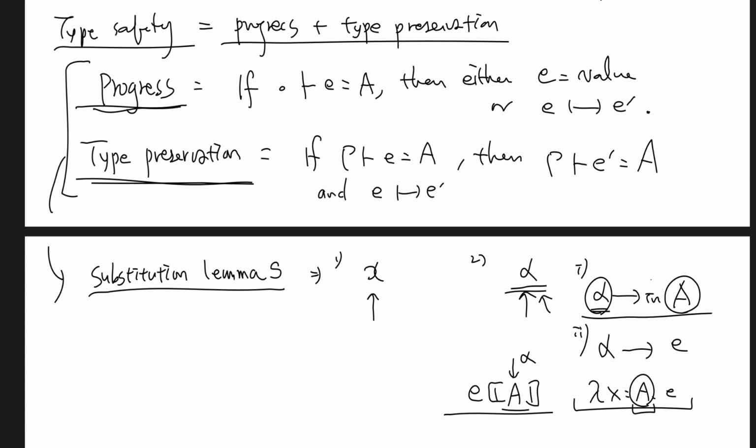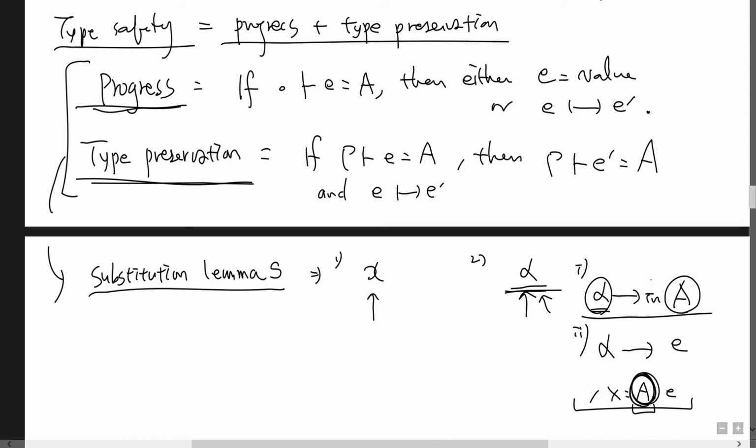So it makes sense to try to apply substitution for this type variable alpha, not only in types, but also in expressions. So it turns out that we need two forms of substitution lemmas for type variables, and another substitution lemma for this expression variable.